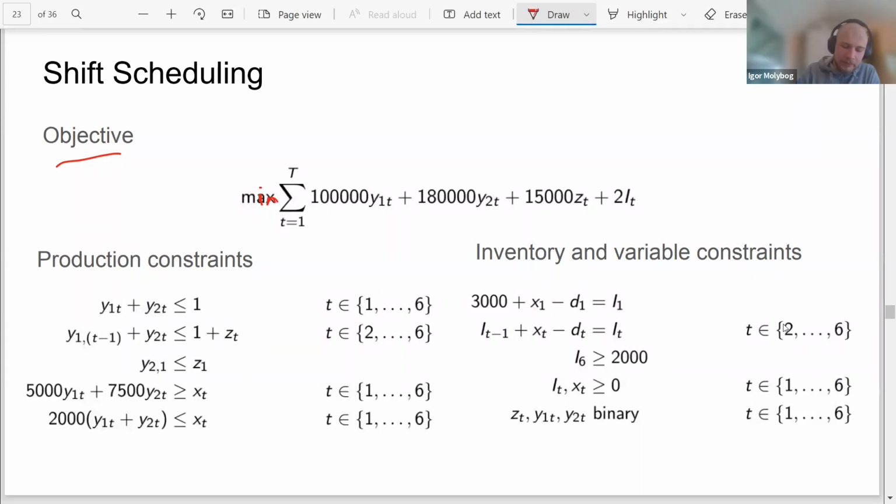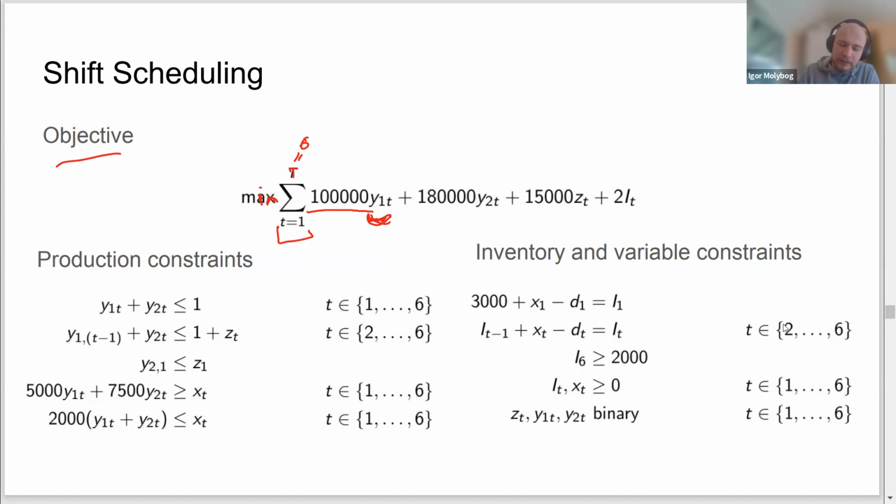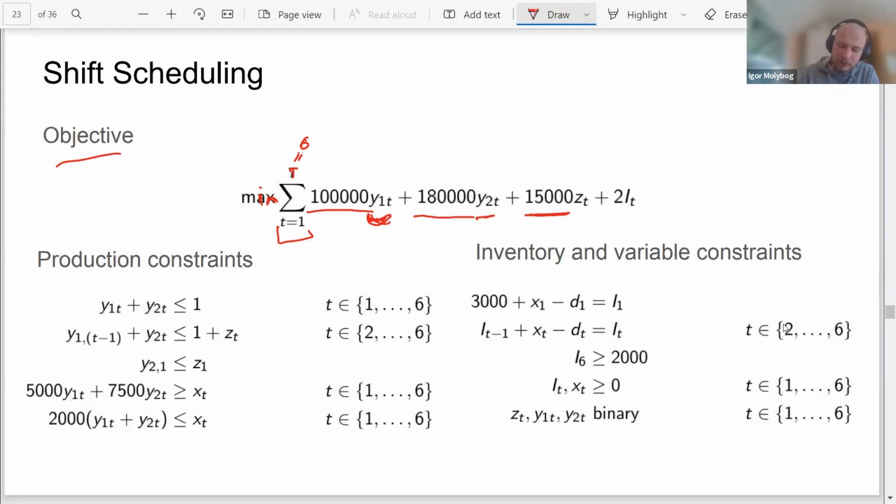The loss consists of a summation over the periods t, up to t equal to 6, of the following expression: the loss incurred if we are in the normal shift, and the loss incurred if we are in an extended shift, plus the loss of changing the shift from the previous time frame, plus the cost of storing the inventory. So this is our total loss.